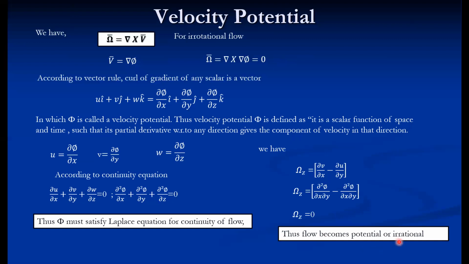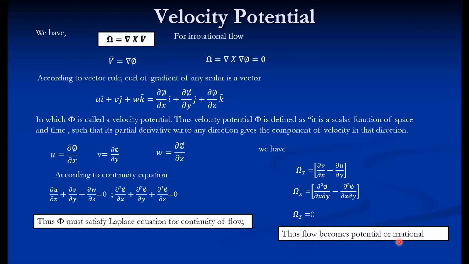If the flow is possible in case of velocity potential, then the flow is always irrotational. But if it doesn't satisfy the Laplace equation, then the flow is not possible. If the flow is not possible, then no question arises whether it is rotational or irrotational. So in that case, that velocity potential may be incorrect. So these are the characteristics.